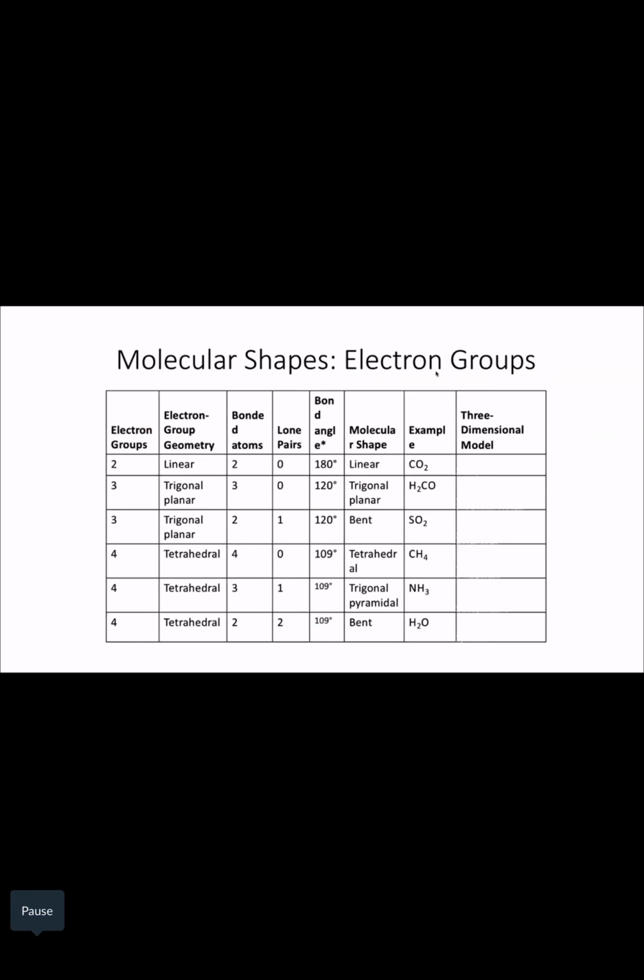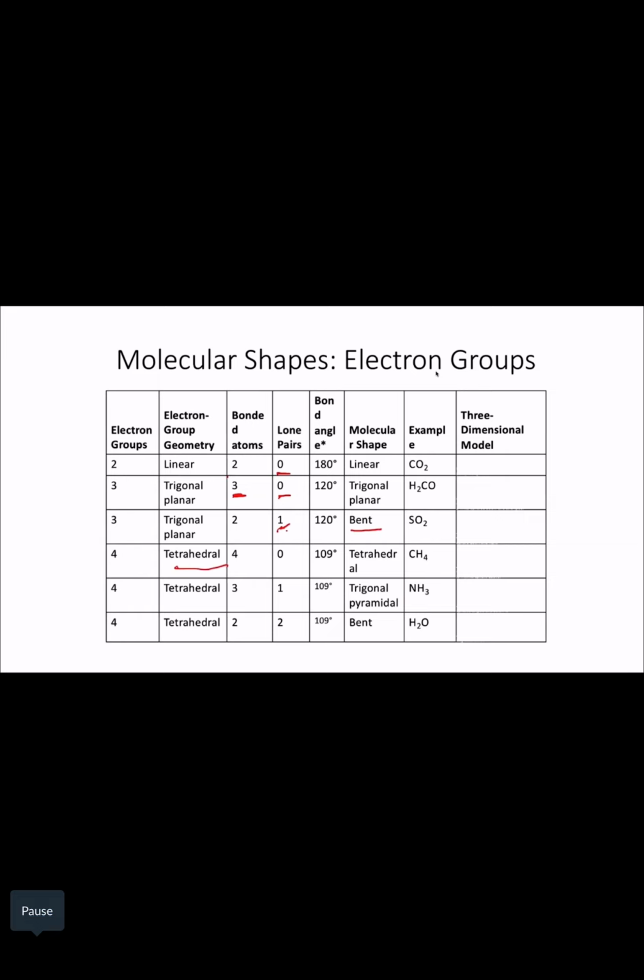So again, to repeat, if you have 2 electron groups with 0 lone pairs, that is going to be linear. Trigonal planar if you have 3 and 0 lone pairs. Once we start getting into a complication, electron group geometry and molecular shape, when it starts switching is when you have trigonal planar but 1 lone pair, so it's going to change the molecular shape to bent.